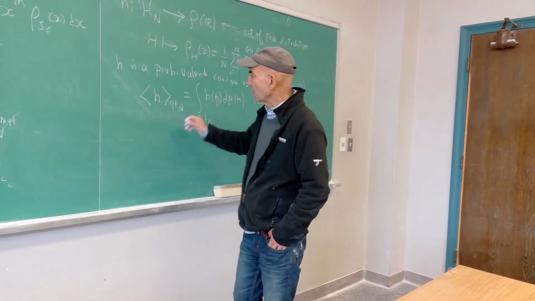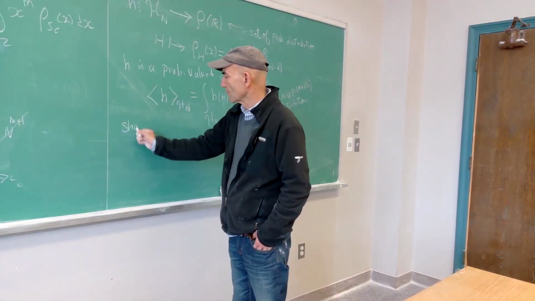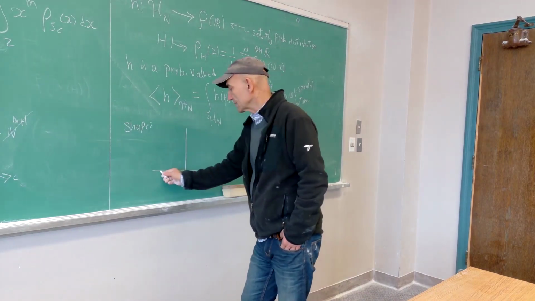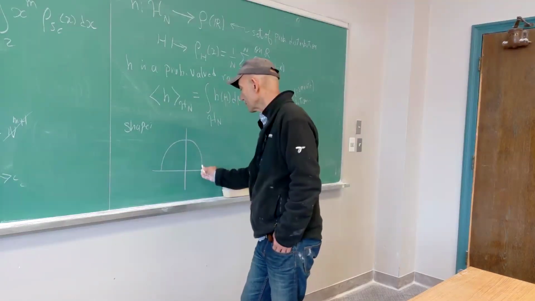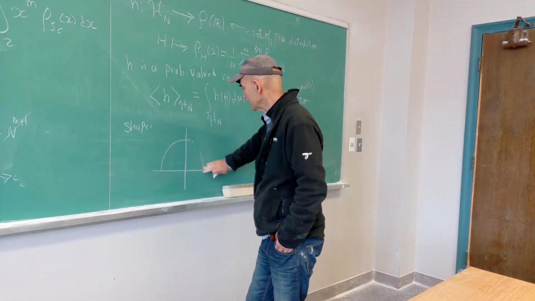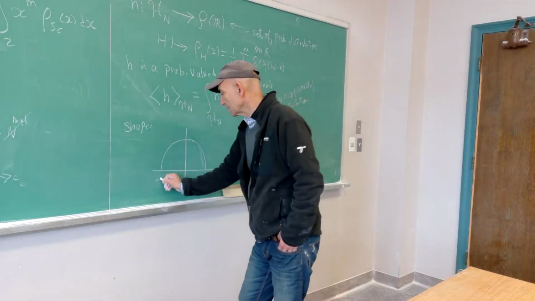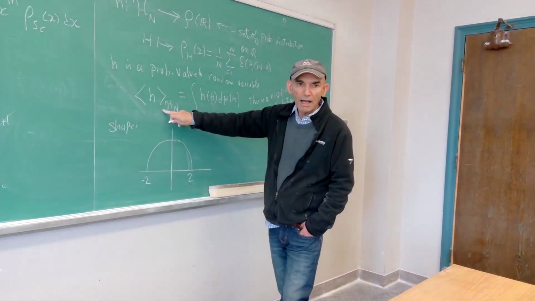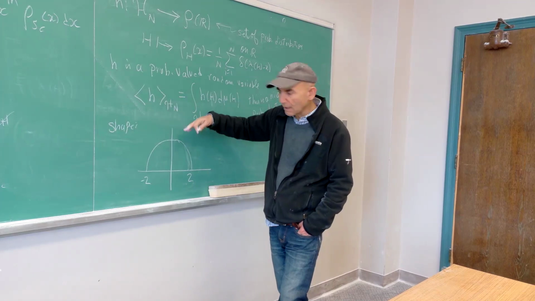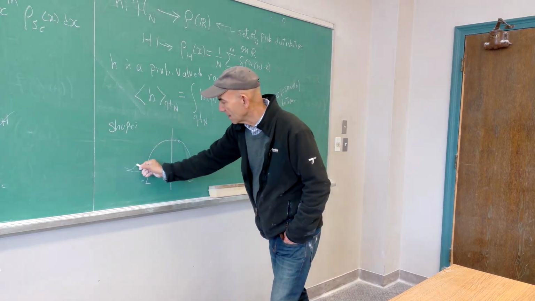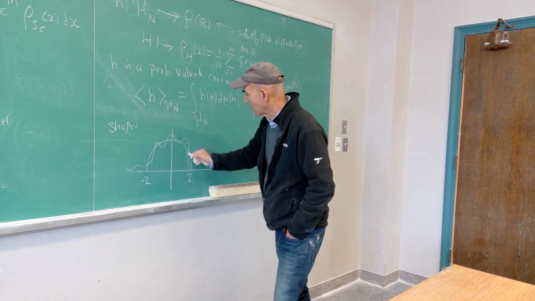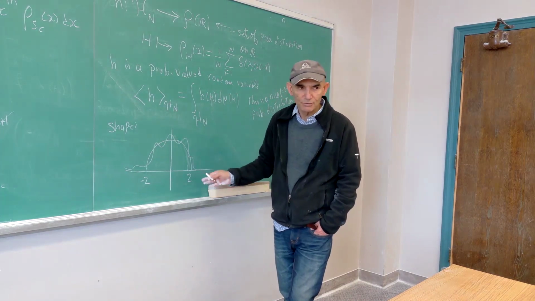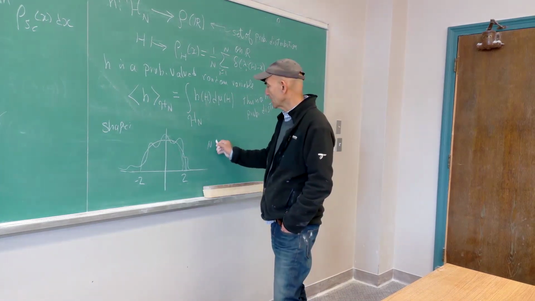So the shape of this distribution is, we have this semicircle law, semicircle distribution, from -2 to 2. And this average thing at level n is something like this, basically. It jiggles or wiggles around the curve. It's not equal to the curve for finite n, so this is for n less than infinity.